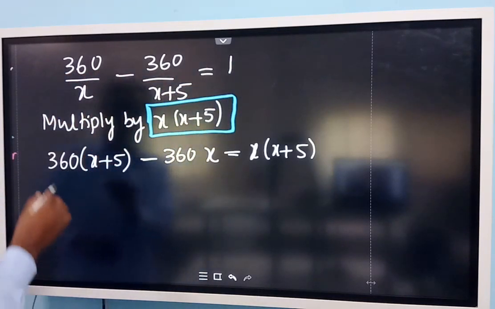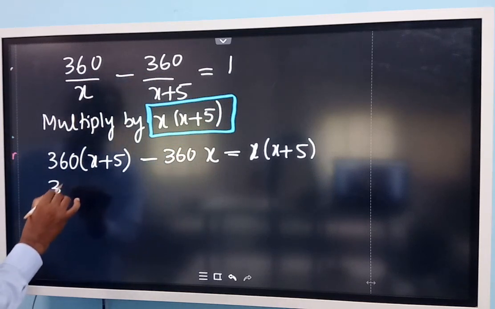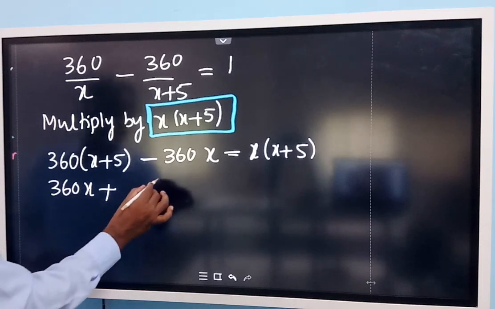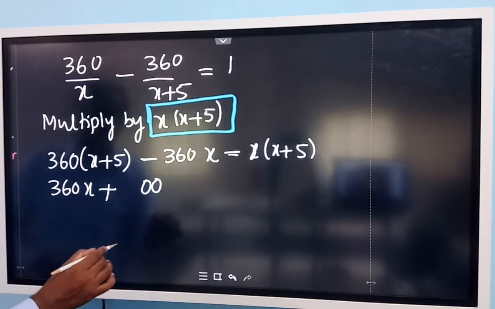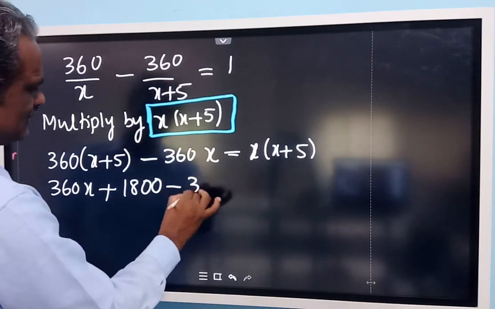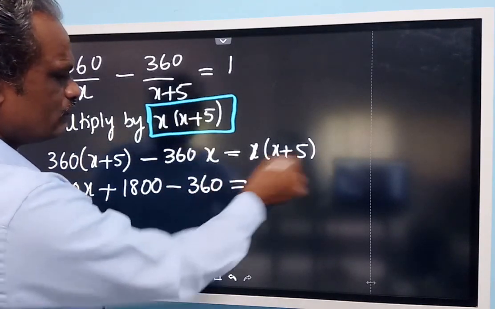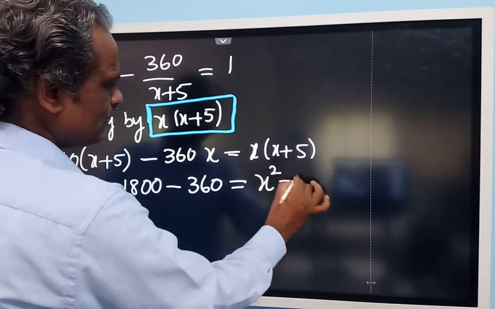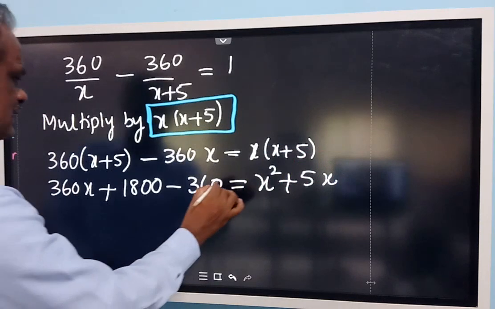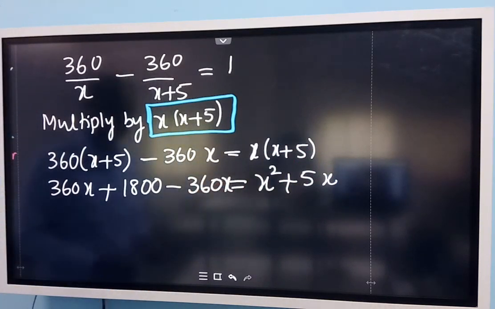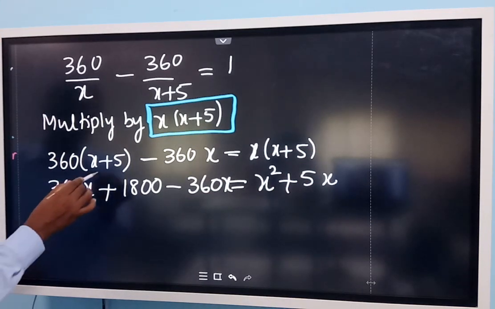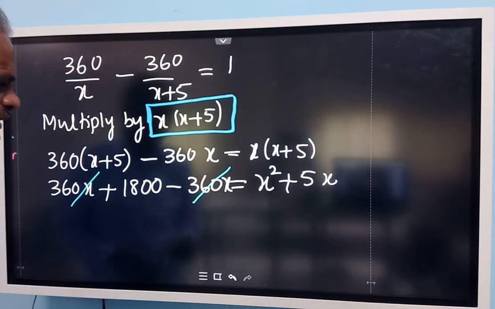So now let us simplify this. 360 into x, 360x plus 5 into 360, that is 1800, minus 360x is equal to x into x, x square, x into 5, 5x. So now here we have two terms which are equal and opposite, 360x and 360x get cancelled here.